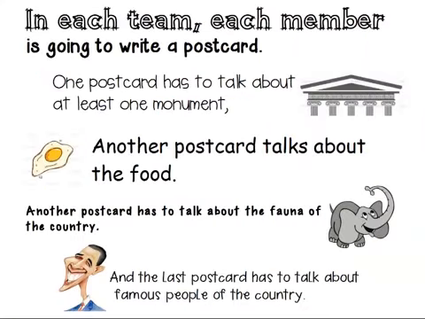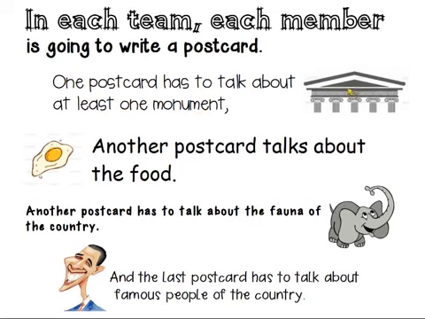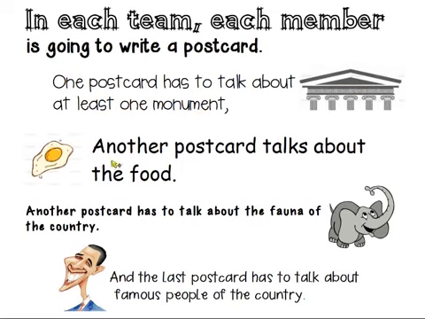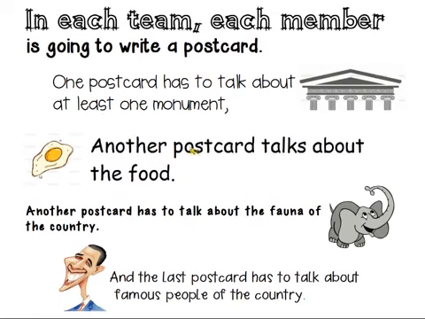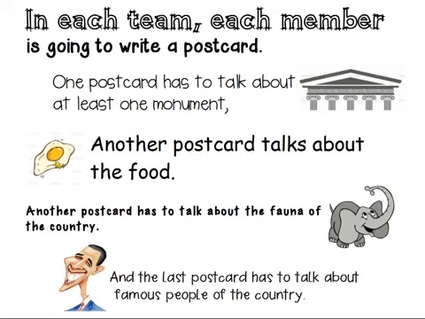So, what are we going to do in class? In each team, each member is going to write a postcard. One postcard has to talk about at least one monument of the places you're visiting in your country. Another postcard talks about the typical food of that city or of that country maybe.